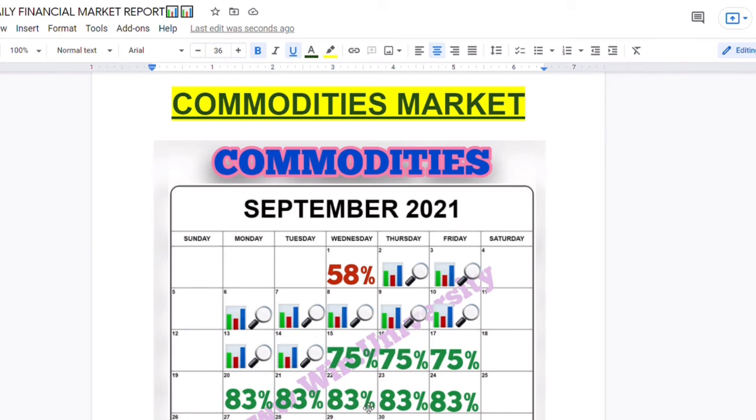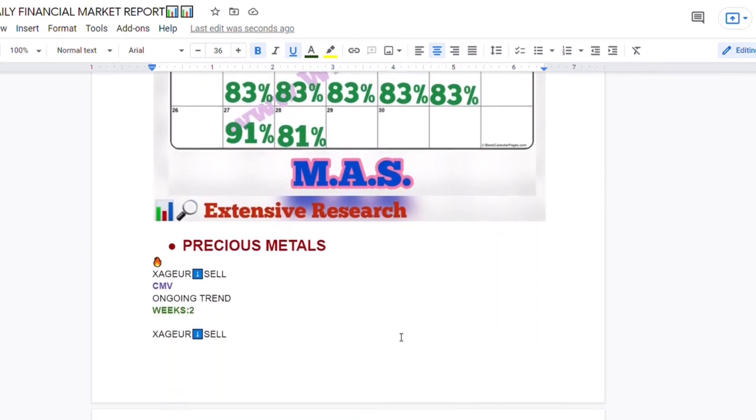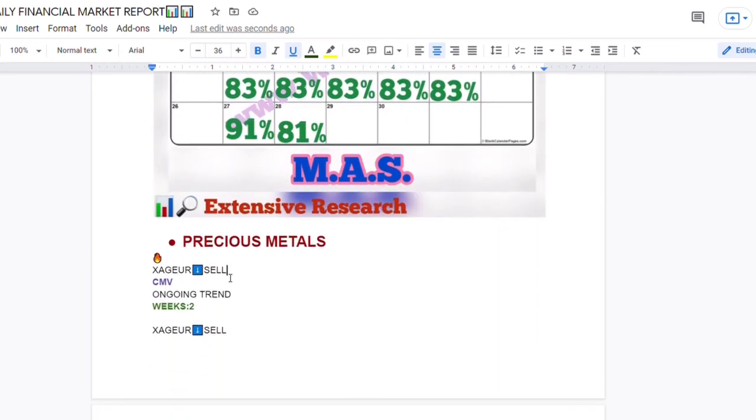Now I want to say this. Alignment just means, you see here, here's an alignment. And actually, I should bring this up. This is very important. This fire symbol means that there is an alignment. Whenever you see a fire symbol, that means there's a perfect alignment. So here we have silver versus the euro.